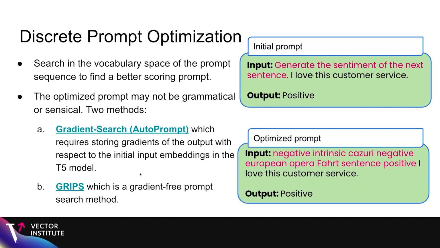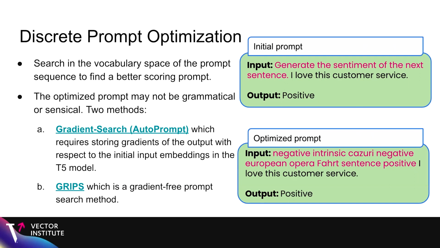There is a difference between these two techniques, which I'll describe in the next two slides. One of the methods, gradient search, requires storing gradients in the model. But the second one, GRIPS, is gradient-free. So both are parameter-free, but the first one requires gradients while the second one is gradient-free.